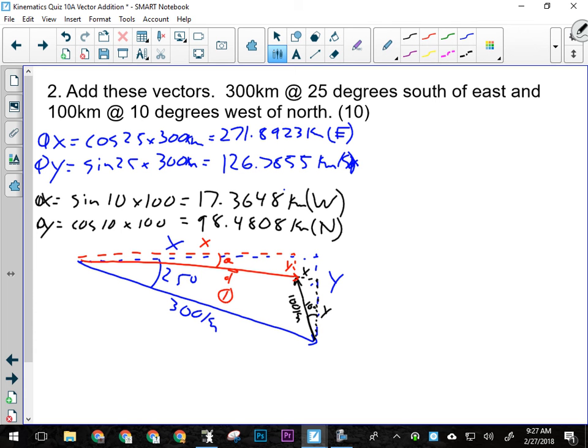Questions so far? Okay, now we've got to find our red x and red y. So red x goes east, so I'm going to take the blue x and subtract black x. So 271.8923 minus 17.3648. Obviously we'll put all the decimals in there when we do this.